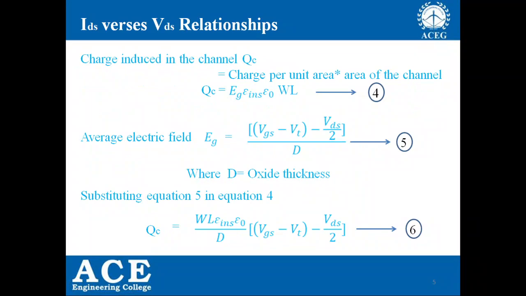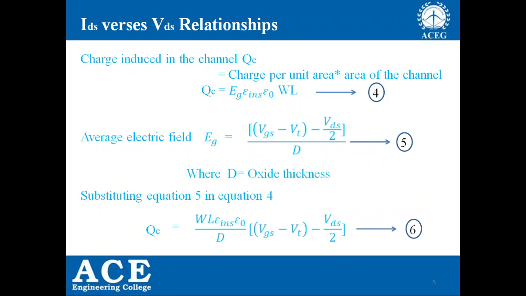Now we want to calculate the entire charge induced in the channel. We have calculated the charge induced per unit area. To calculate the total charge induced in the channel, we multiply the charge per unit area by the area of the channel, so QC becomes the charge per unit area into W into L, where W is the width of the channel and L is the length of the channel.